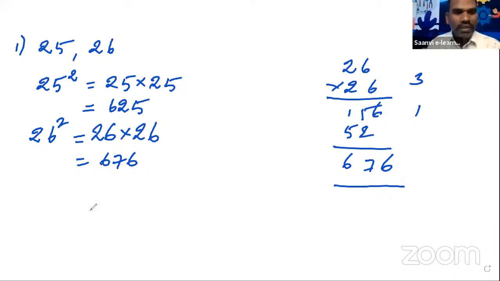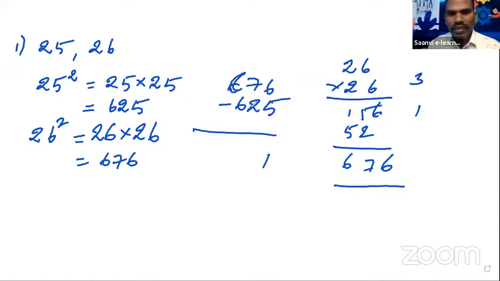Subtraction: 676 minus 625. How much? 7 minus 2 is 5, so 51. Again, minus 1 we should do because we need the numbers in between. So 51 minus 1.